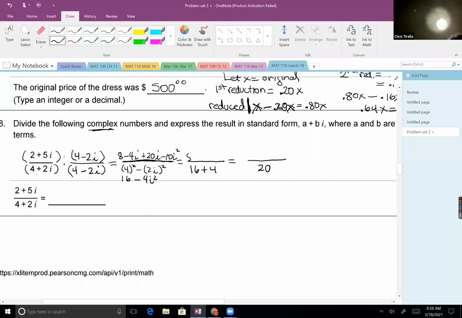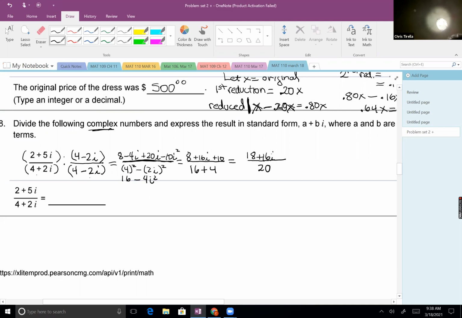So here we have 8 minus 4i plus 20i, which is plus 16i. Then we have to remember that i squared is negative 1, so minus 10 times negative 1 would give me plus 10. And so I've got 18 plus 16i.